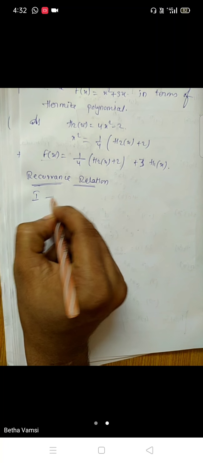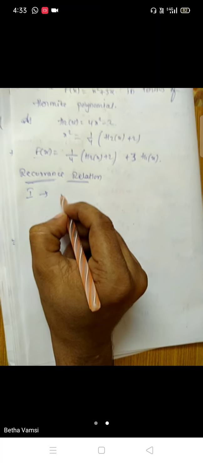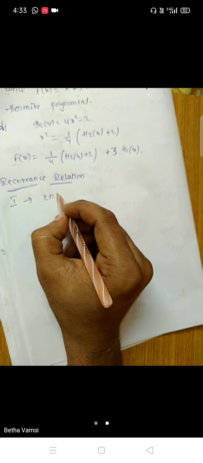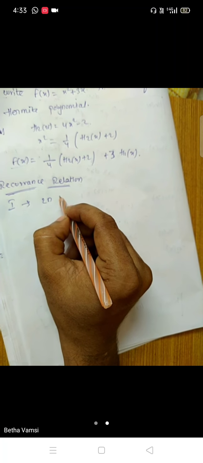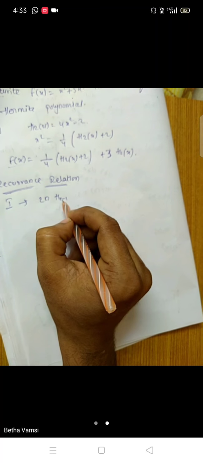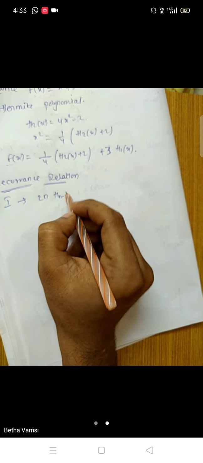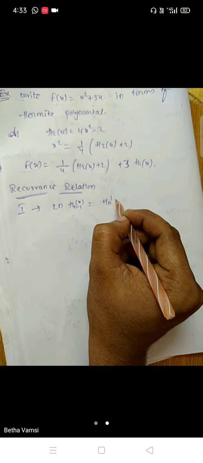The first recurrence relation is 2n h n minus 1 of x is equal to h n prime of x.